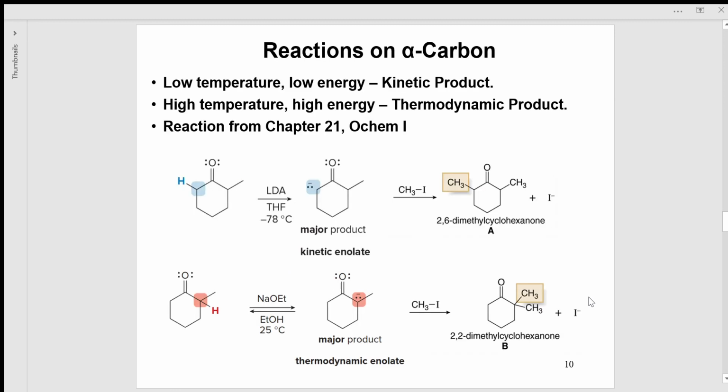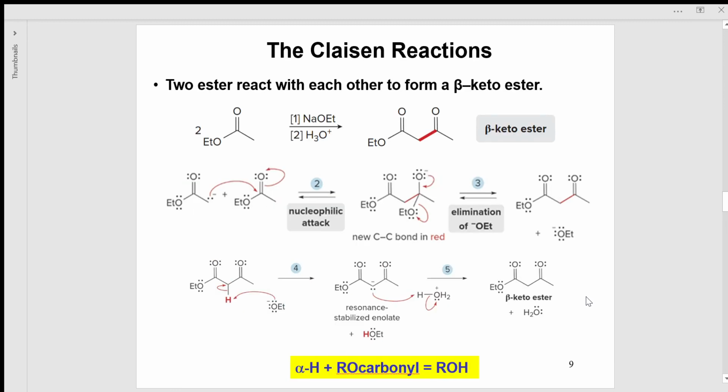That's the Claisen reaction. All right, that's the condensation reactions of our carbonyl compounds, and this is the first part of this lecture. And in the next lecture, I'm going to review some other reactions of carbonyl compounds. Let's take a break, and I'll see you later.